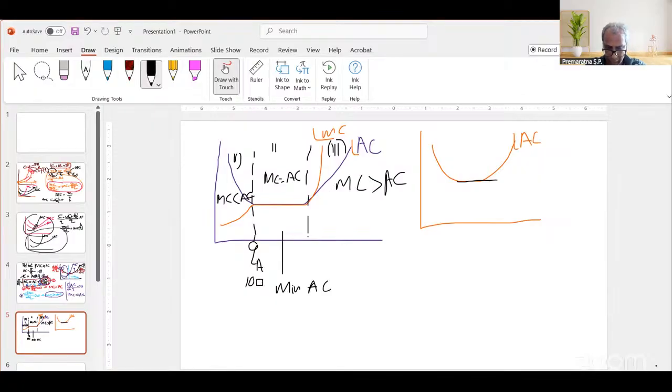It depends on the size of the firm. Let's say a small firm. Now you can see average cost continuously goes down. Then what happens if you are a producer? When the average cost continuously goes down, you continue expansion.